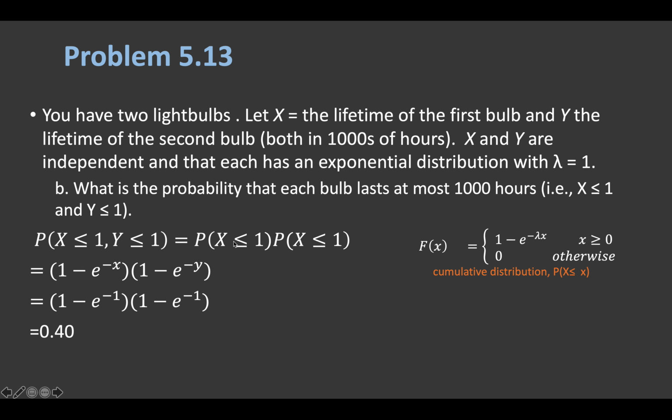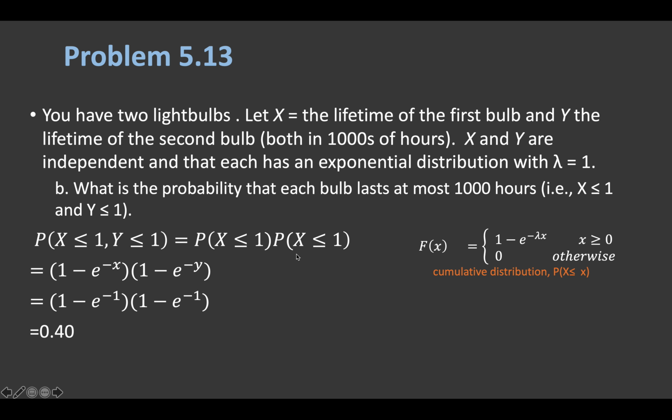Again, because of the independence, we know the intersection just equals the product of the probabilities of these two events. Oh, all right, this actually should be y. So basically P(X ≤ 1) multiplied by P(Y ≤ 1).